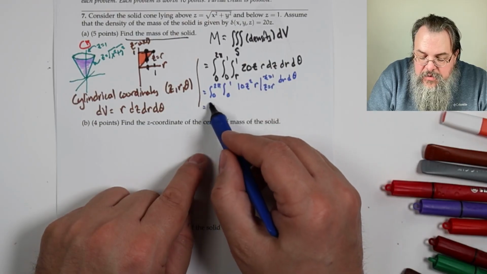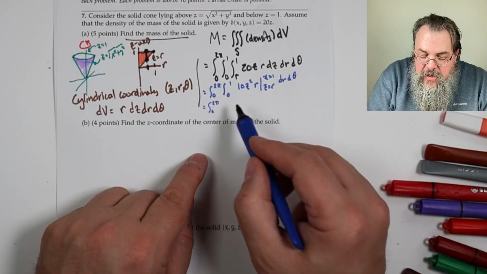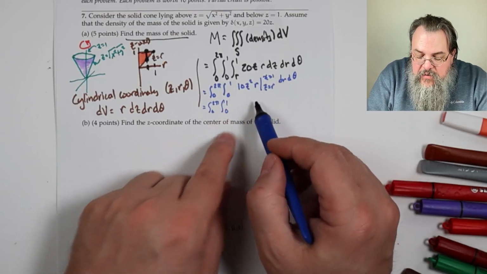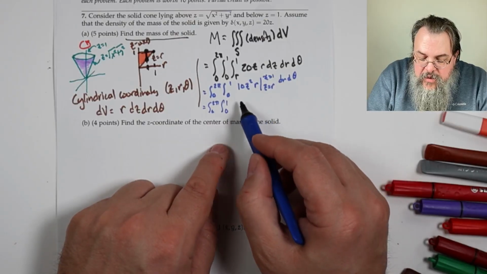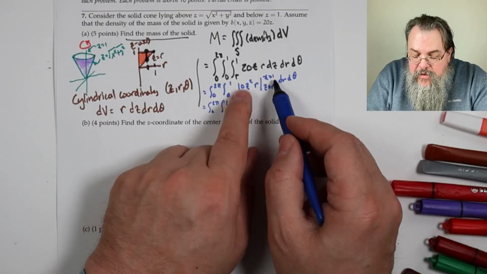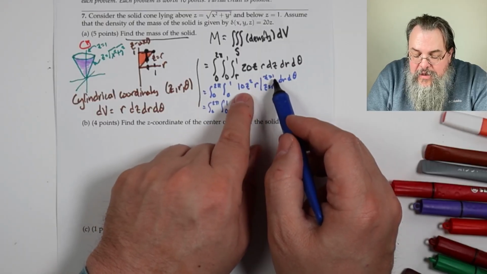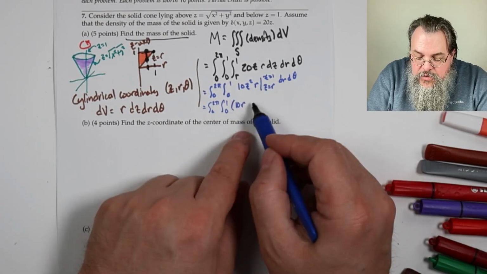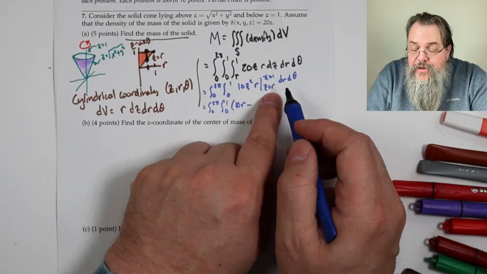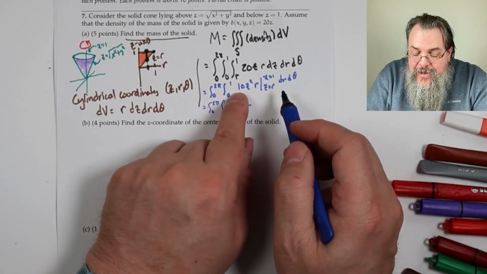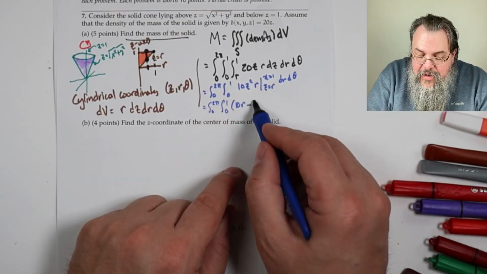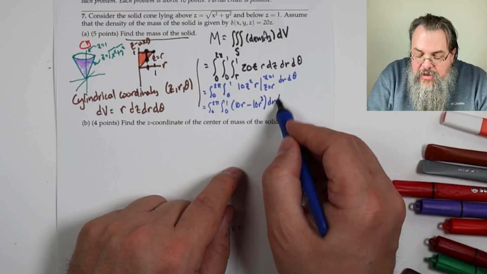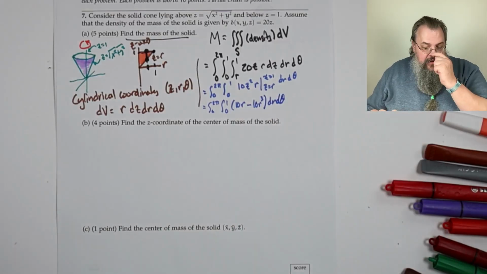So that becomes integral 0 to 2 pi and integral 0 to 1, and plug that in. We'll get 10r, because z equals 1, so 10r. Now subtract, plug in z equals r, 10r squared times r, so that's 10r cubed, dr d theta. All right.